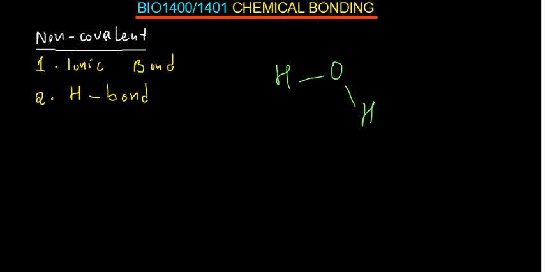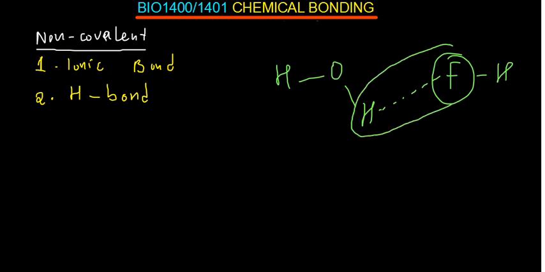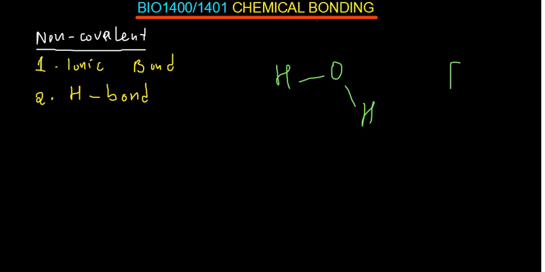If you have another compound like HF, you've seen a fluorine can still be attracted to hydrogen. When this happens, you still form a hydrogen bond, as long as hydrogen is attracted to either nitrogen, oxygen, or fluorine of a different molecule. Then that is a hydrogen bond, not the same molecule. Okay.